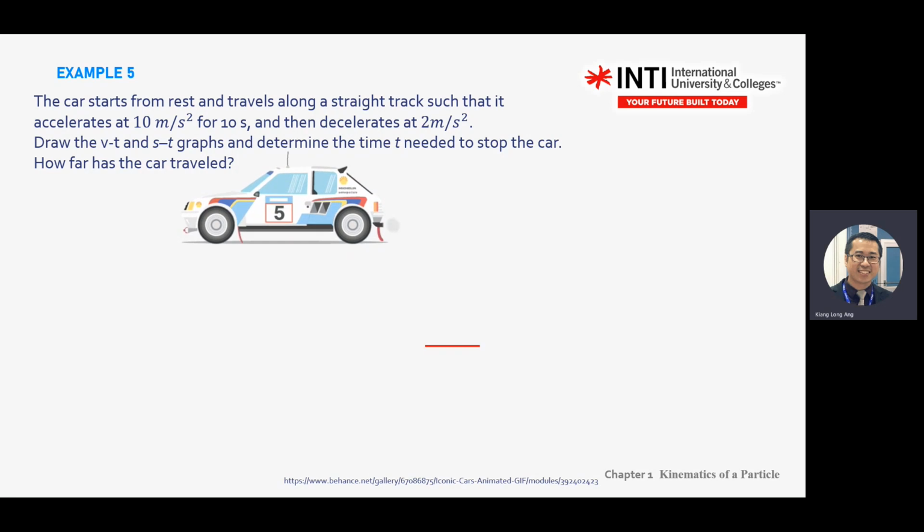Anything linked with time? Nico, answer this question. I'm asking you about time. What information about time do you have? So on your graph, you draw a straight line, right, 10.